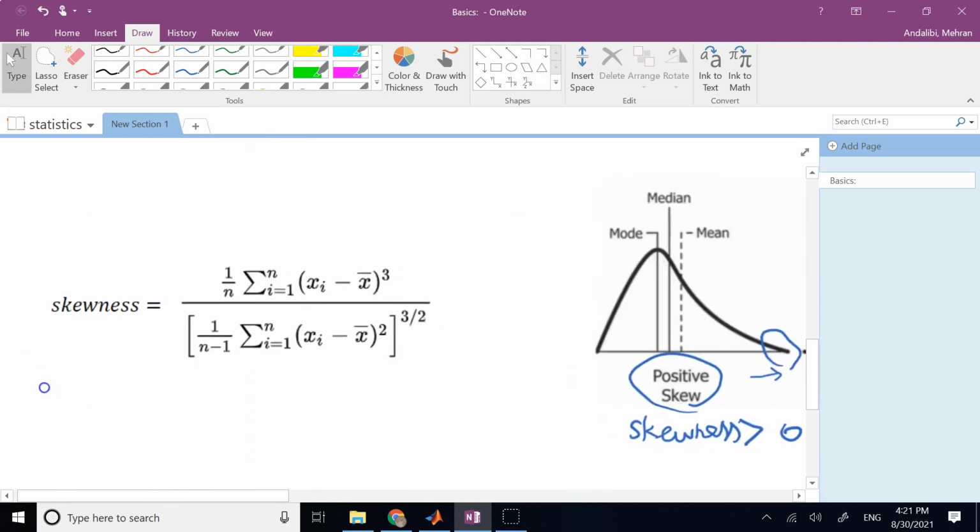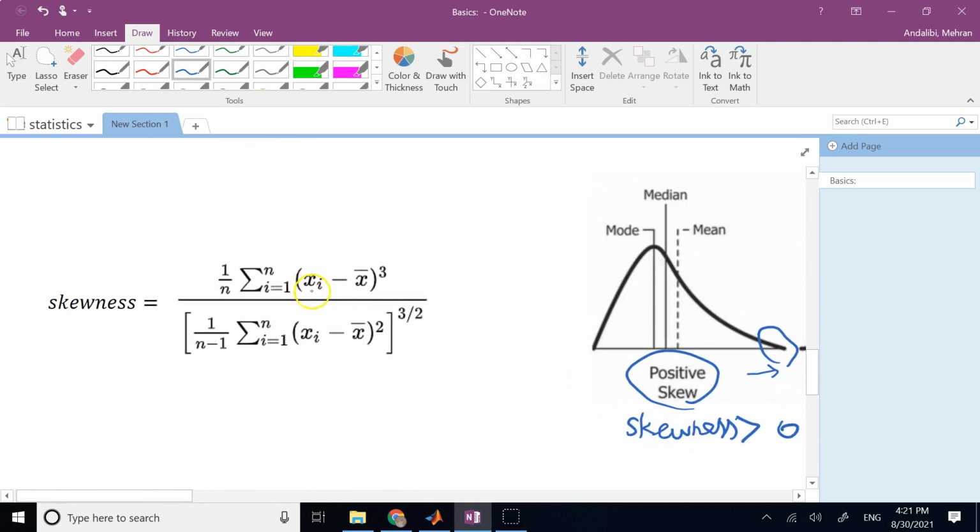Well, the measure for skewness is this. You subtract each data point from the average. Remember, this is the deviation. You calculate the deviation for each data point, and instead of squaring it, you cube it. Add them all together and divide by the number of data points.